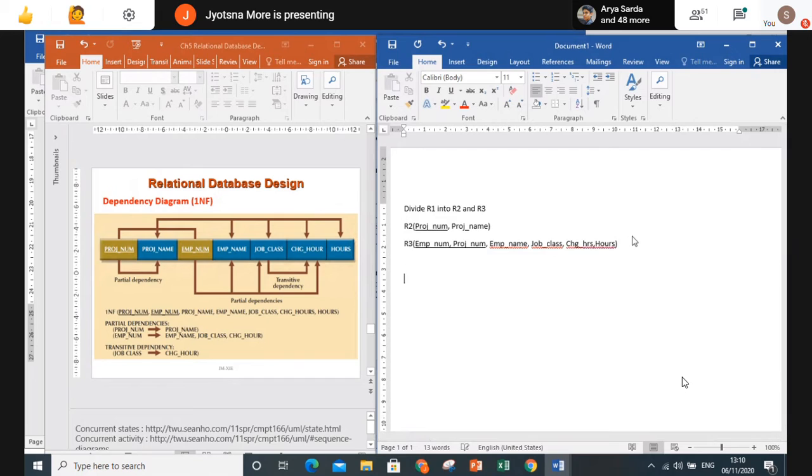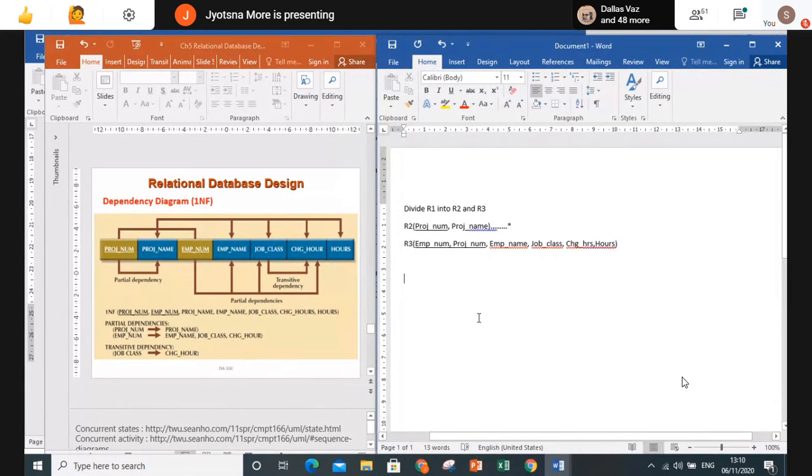That is one partial dependency solved. There is one more partial dependency, right? So now I can say this R2 is my clear part, so it is final. I'll put a star here.